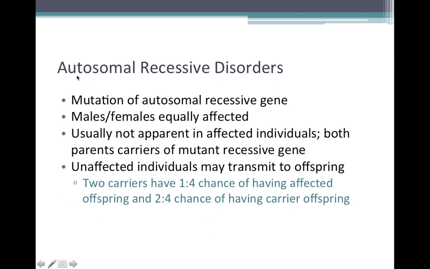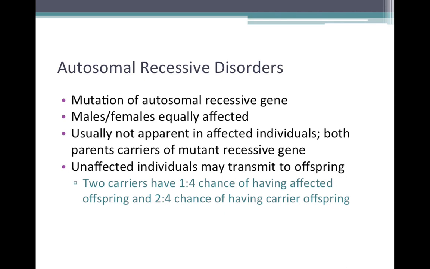Now, some other autosomal recessive disorders we're going to talk about coming up next. Autosomal recessive disorders come about when you inherit two defective copies, one from each parent.